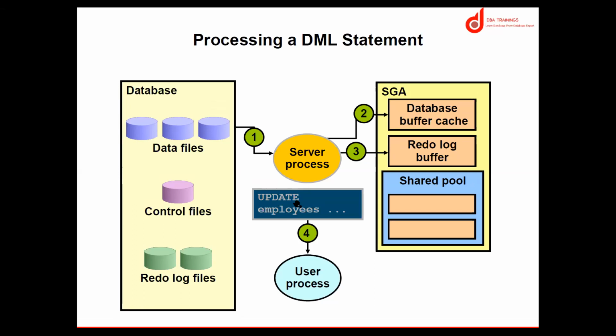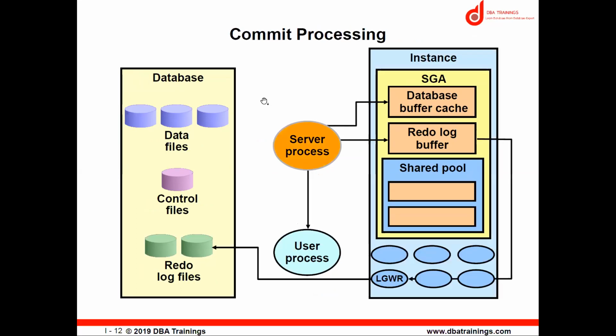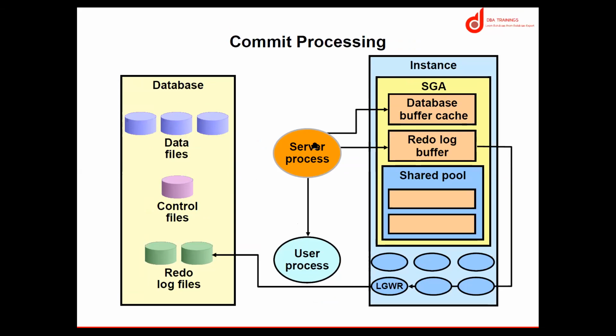Yes, sir. Now, what will happen during my commit processing? Like you have updated data, you have changed the data, and after that you are committing. Once you commit the data, the Oracle server will internally give a new SCN number, which is called system change number.